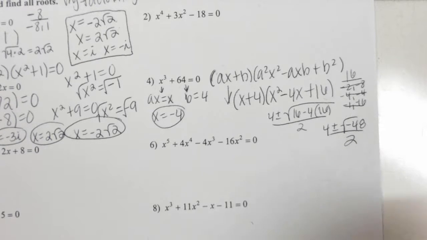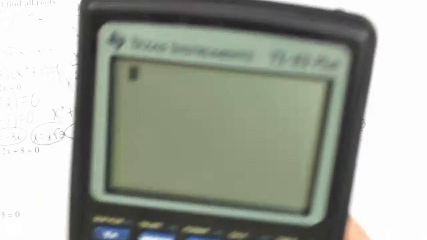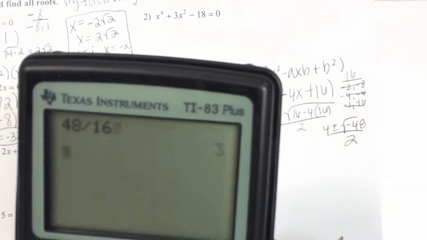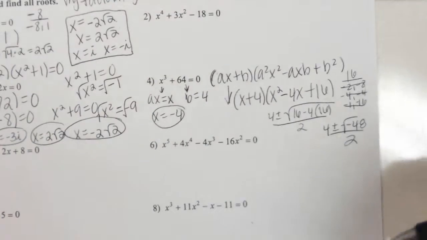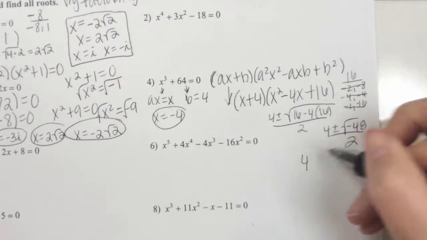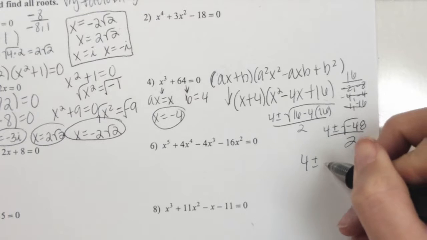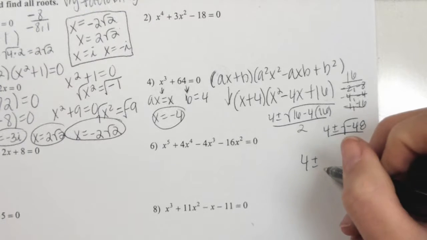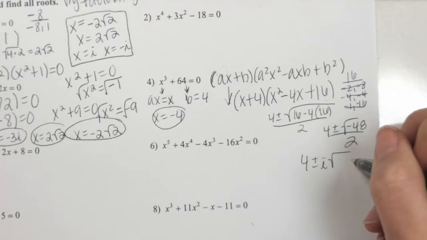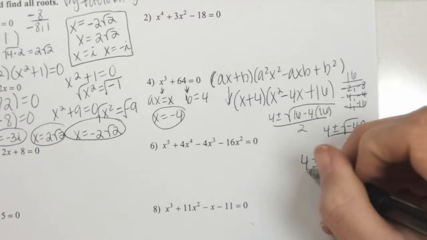No. But do I have any perfect squares that can go into 48? Yeah. 16 can go into 48 3 times, and 16 we know is a perfect square. So let's break this up into 4 plus or minus, let's go ahead and bring that i out because we know it's going to be there because of the negative. So i, square root of 16 times 3 over 2.